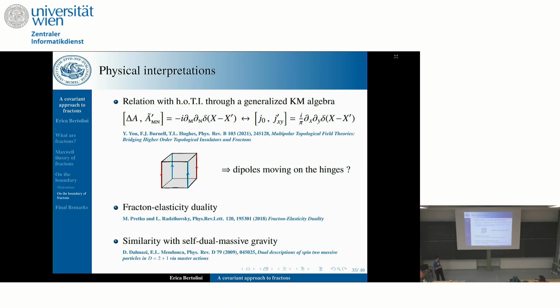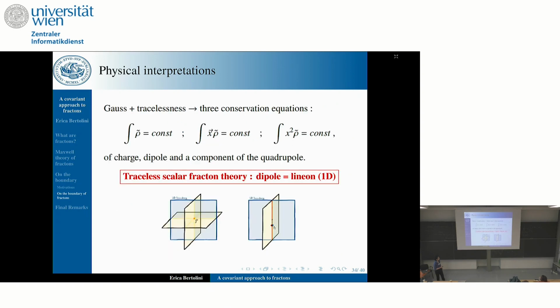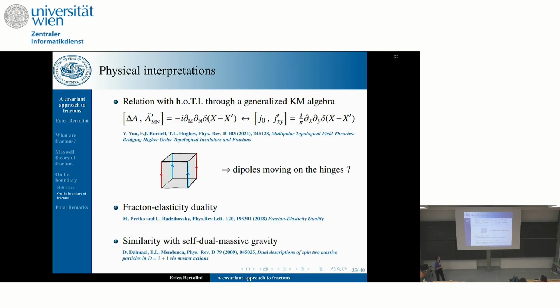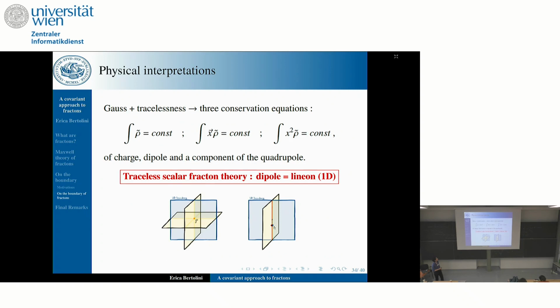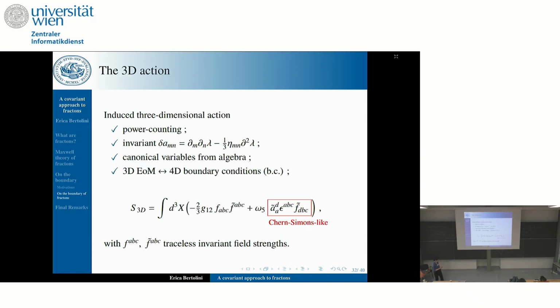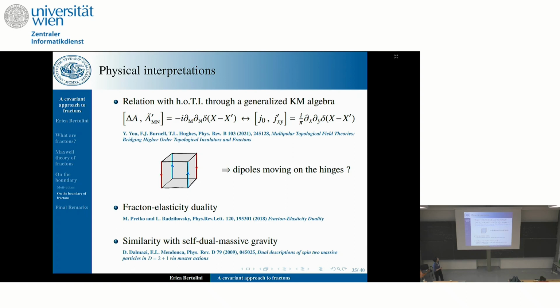So it seems that maybe these objects are the dipoles moving on the line. And there is also an interesting relation with the fracton elasticity duality, which is a three-dimensional theory related to fracton models. And there are also similarities with the so-called self-dual massive gravity through this Chern-Simons-like term.